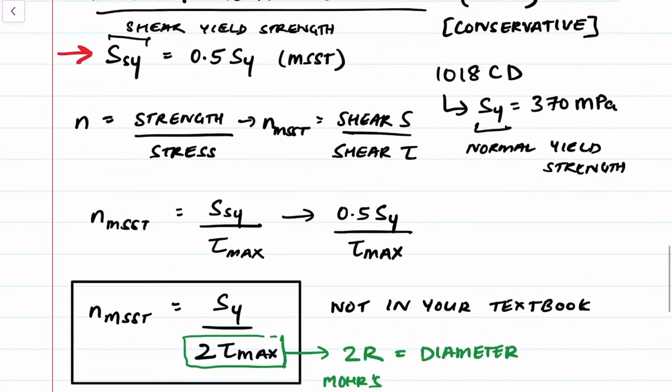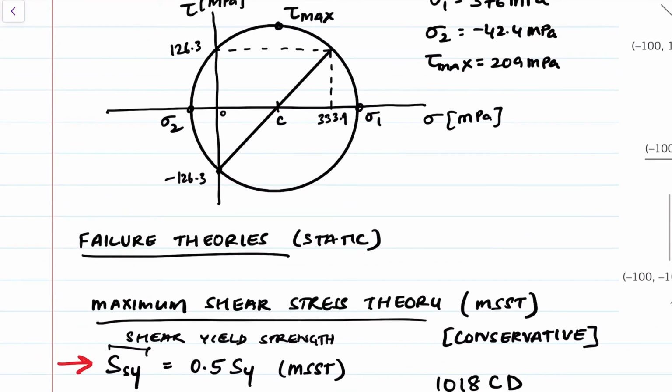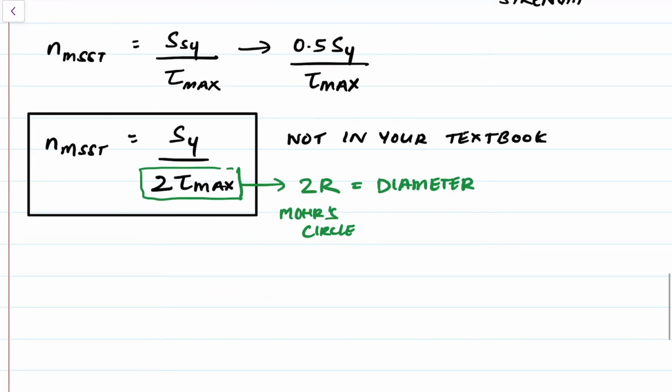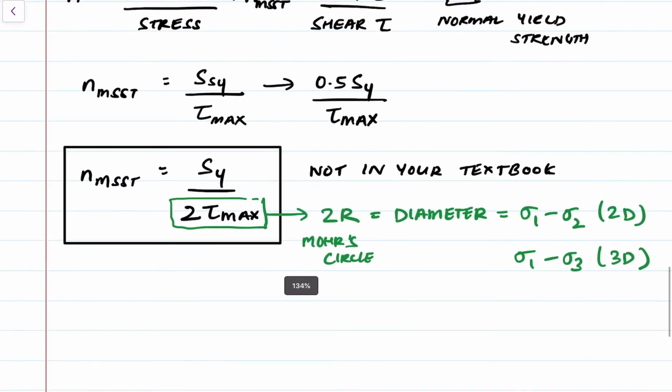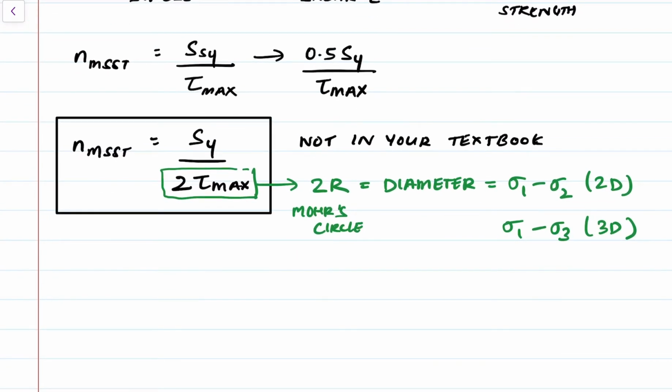And the diameter is simply sigma 1 minus sigma 2. And this is if you're drawing a 2D Mohr circle. If you were to draw a 3D Mohr circle, that would be sigma 1 minus sigma 3, because it has to be the diameter of your largest circle because you're dealing with tau max.